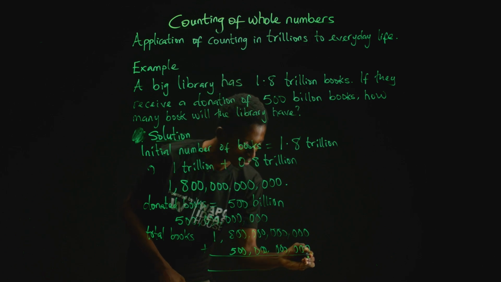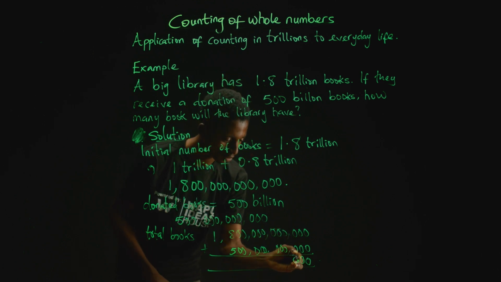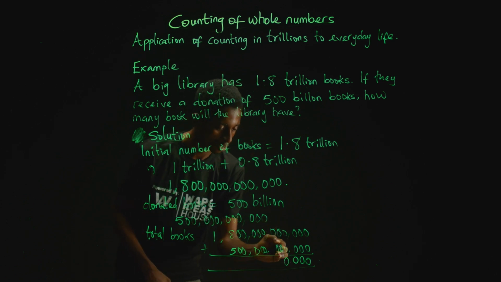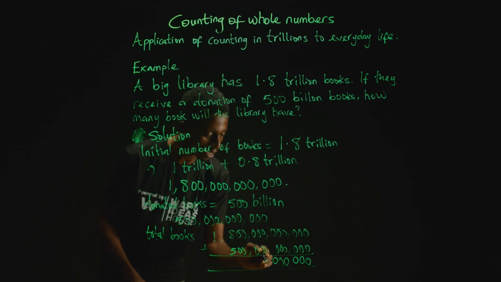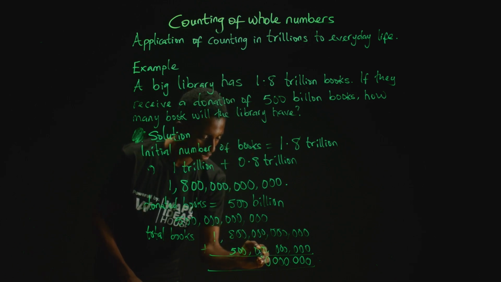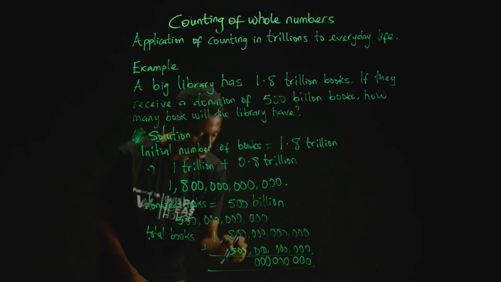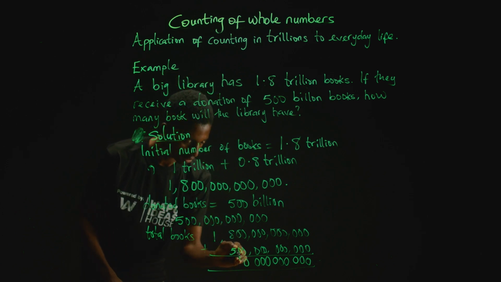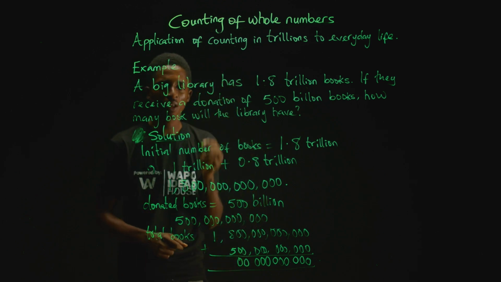0 plus 0, 0 plus 0, and so on for the zeros. Now, 8 plus 5 will give you 13.